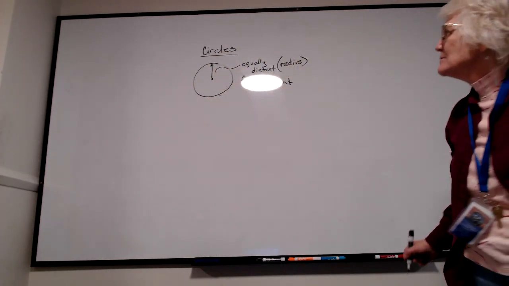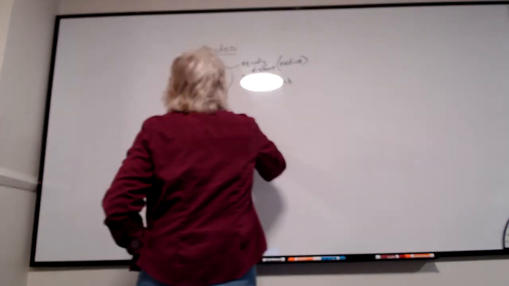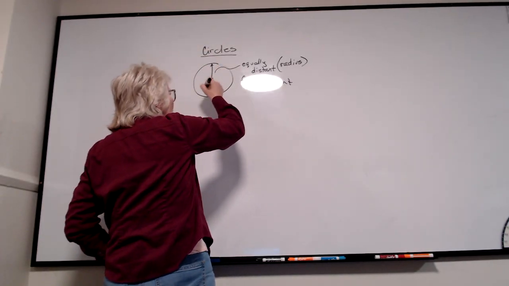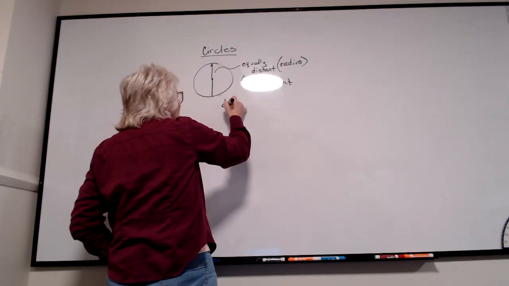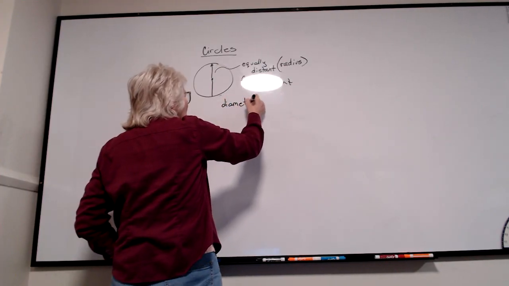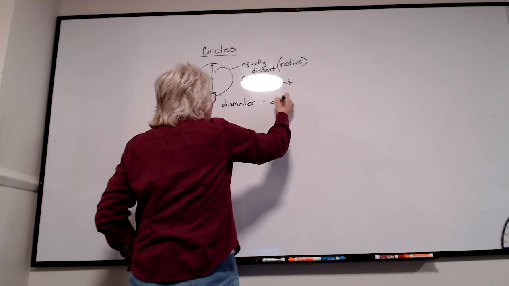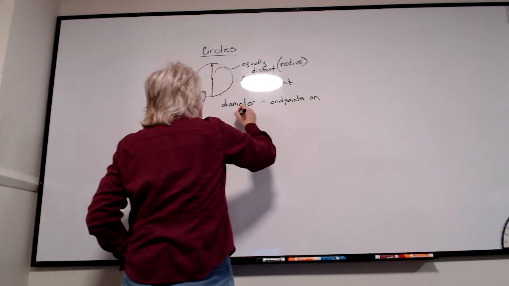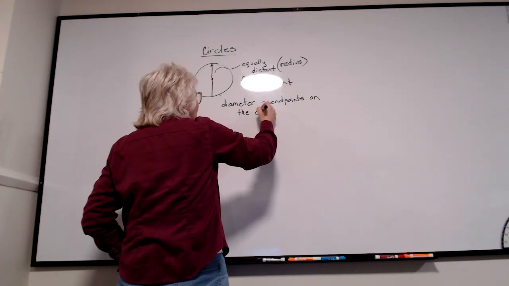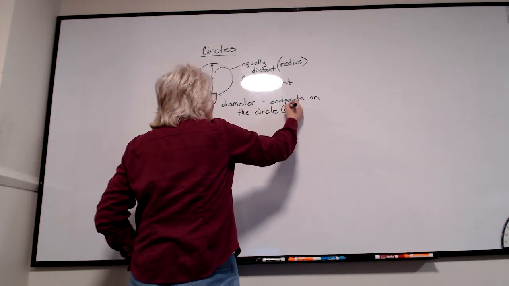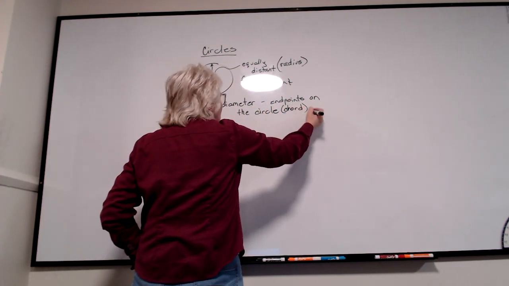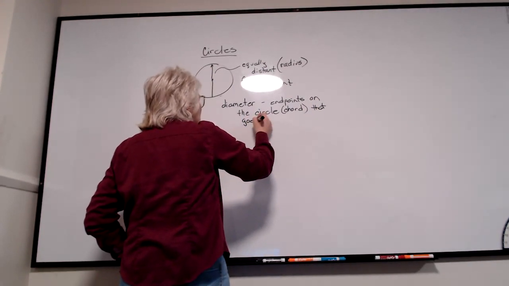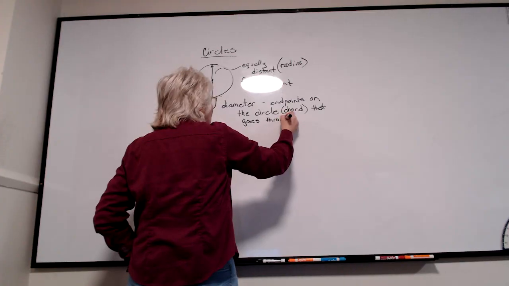We also talked about the fact that a diameter is the whole way across. A diameter goes through. Its endpoints are on the circle, which makes it a chord, but it's a special chord that goes through the center point.